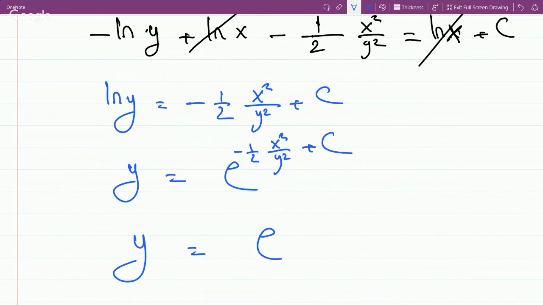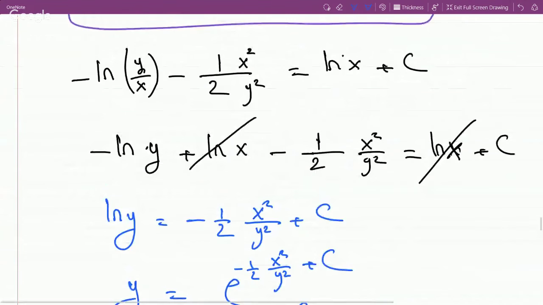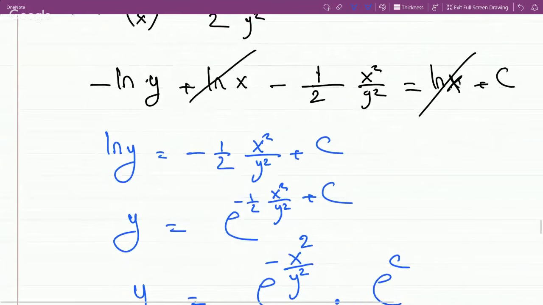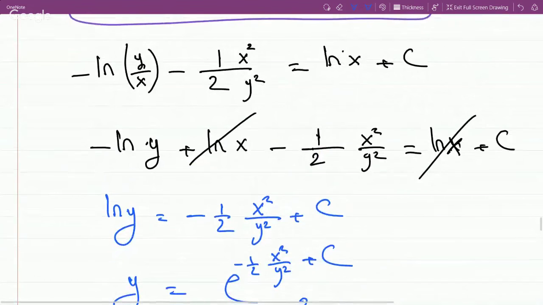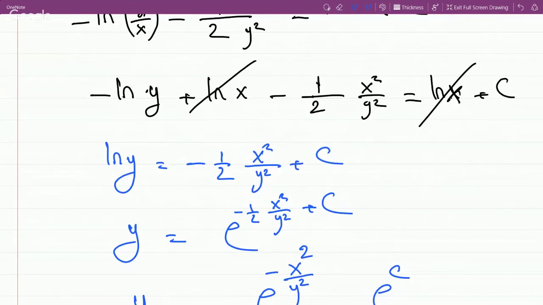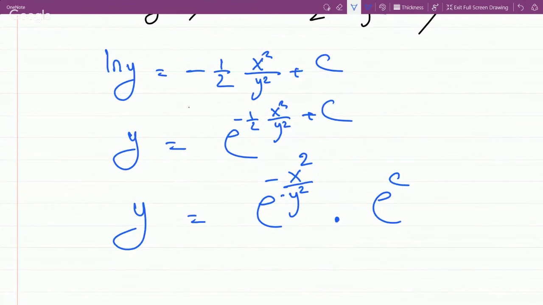We can split this e into e to the minus x squared over y squared, so we make obvious the dependence of y on the variables, times e to the minus 1/2 times e to the c, and there's a 2 here. I think it's correct.